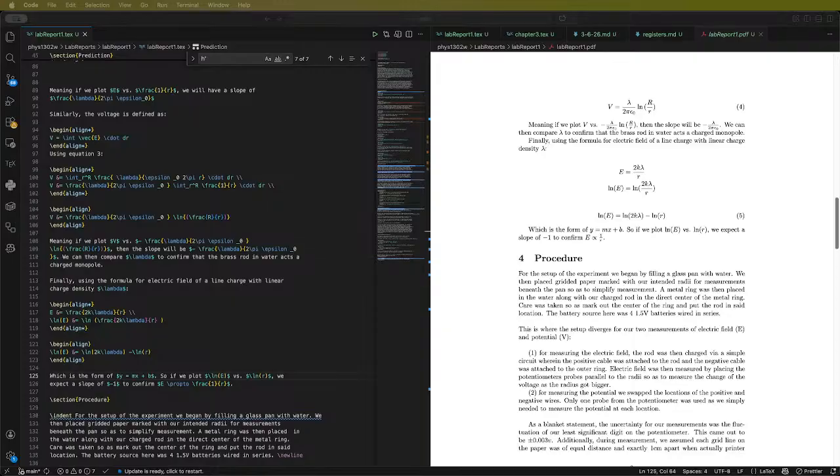I have it pulled up right here. We're trying to do it.